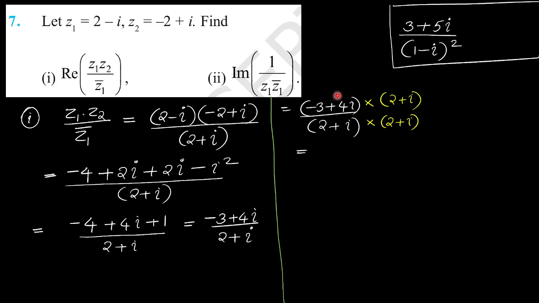So opening again, minus 3 into 2, minus 6. Minus 3 into i, minus 3i. 4i into 2, 8i. 4i into i, 4i square.